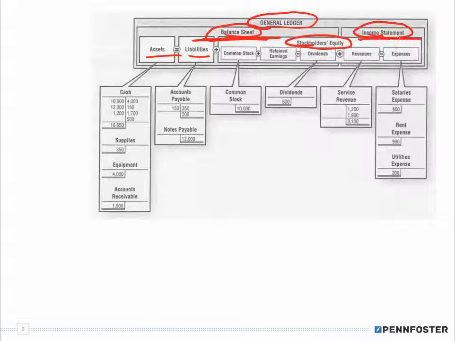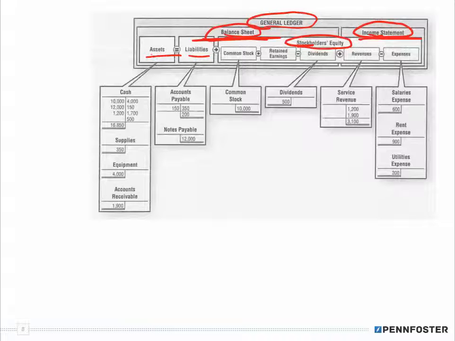And I said revenues and expenses and dividends really should be on the income statement, because the dividends are taken out of your profit or loss. But revenue and expenses are on your income statement.